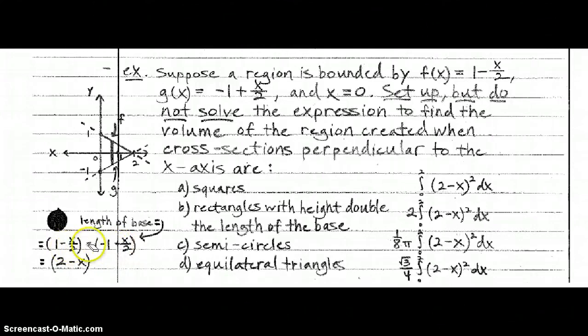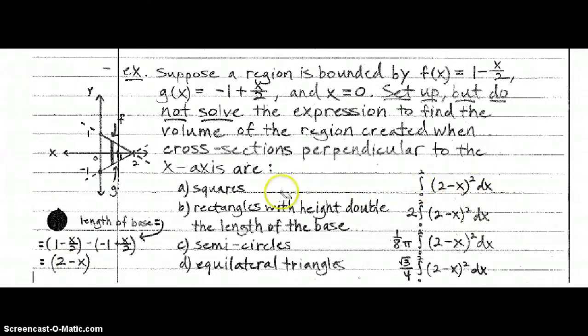Negative 1/2 x minus another 1/2 x is essentially negative 1x, which is where the 2 minus x comes from. So from F to G, that distance of my base is 2 minus x.